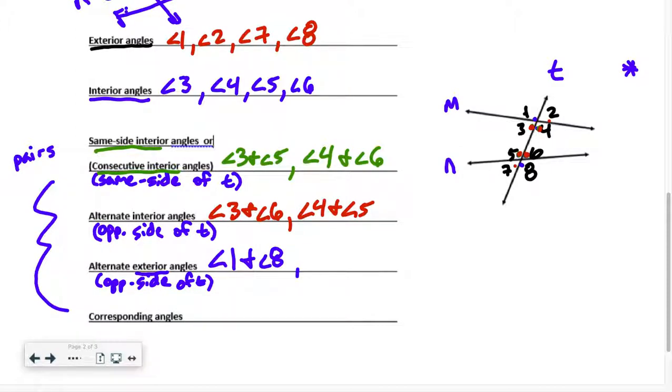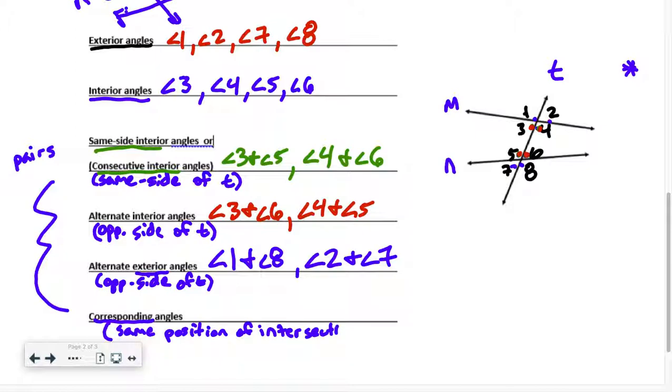The other pair would be 2 and 7. Angle 2 and angle 7. All right, so those are my pairs of alternate exterior angles. And when we talk about corresponding angles, how I define corresponding angles is that they're in the same position of the intersection.